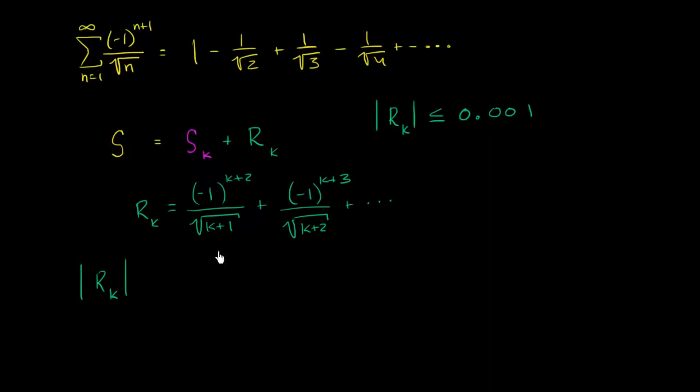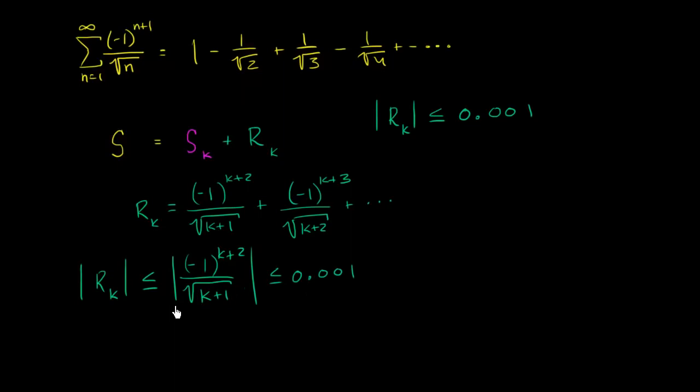But the absolute value of this entire thing is going to be less than or equal to the absolute value of the first term, negative 1 to the k plus 2 over the square root of k plus 1. And of course, we want that to be less than 1,000th. So that needs to be less than or equal to 0.001. And so now if this setup inspires you, I once again encourage you to pause the video and see if you can figure out what is the minimum k that satisfies this inequality.